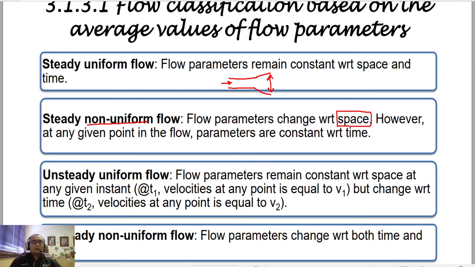but change with respect to time. Okay. Ini pula kita ada satu flow. Okay, contoh yang ni pula dia berlaku perubahan terhadap masa. Kita ada satu flow yang mana dia punya space adalah constant. Space ni sama, tapi mungkin di tengah-tengah ni mungkin ada pump ataupun ada sesuatu yang menyebabkan kita punya flow berubah daripada contohnya V dekat sini, velocity kat sini 2 meter per second.